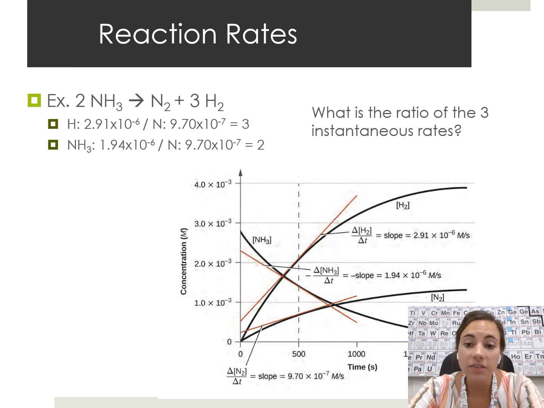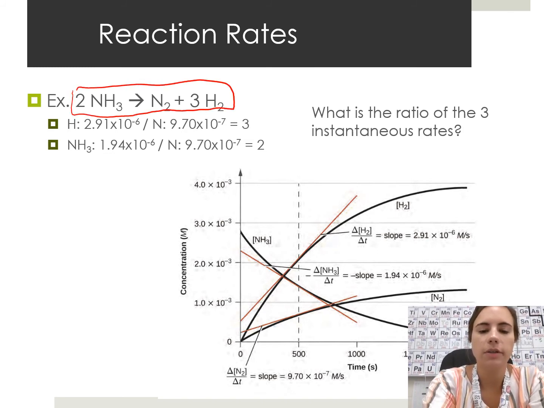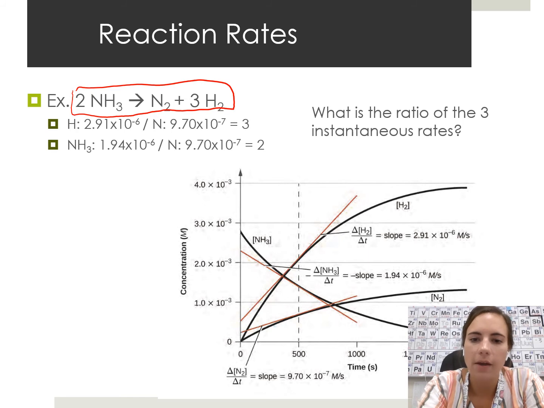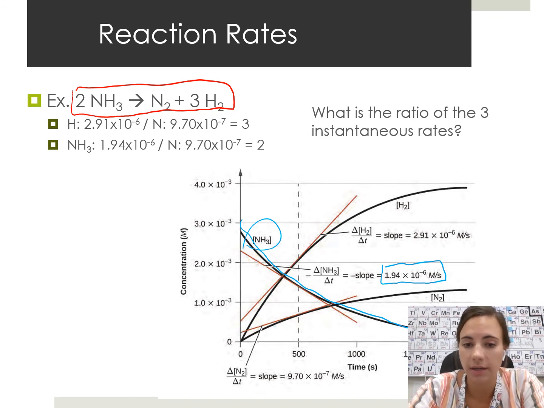Okay, so let's look again at how these rates are related to the coefficients of an equation. So up here, I'm given the equation that 2 ammonia decompose into a nitrogen gas and 3 hydrogen gases. And then down here in my graph, I am given the rate of disappearance of ammonia, 1.94 times 10 to the negative 6 molarity per second.